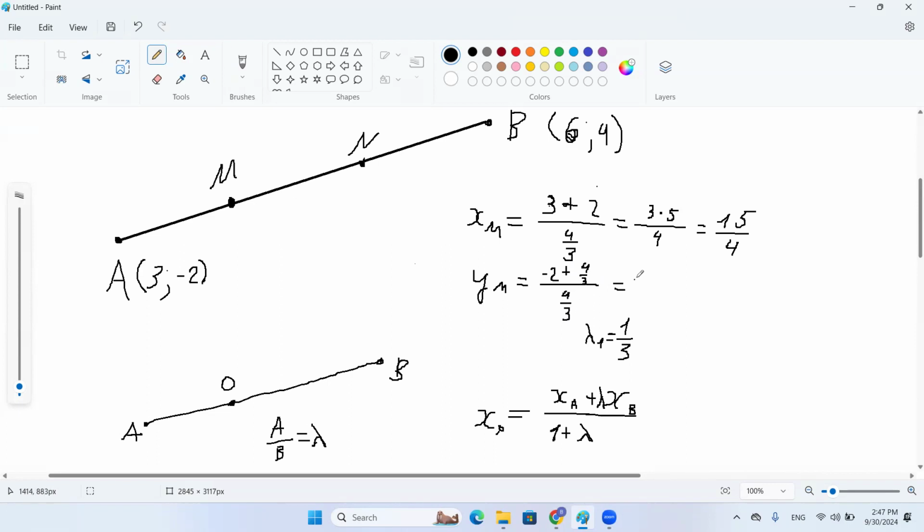So that's minus 2 divided by 3, but we can multiply by 3, and then it's minus 2 divided by 4. It's minus 1 divided by 2. By the way, if we multiply everything here by 3, so minus 6 plus 4 divided by 4, it's minus 1 second.